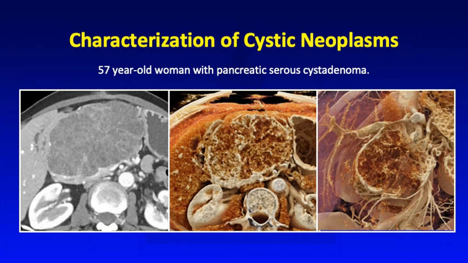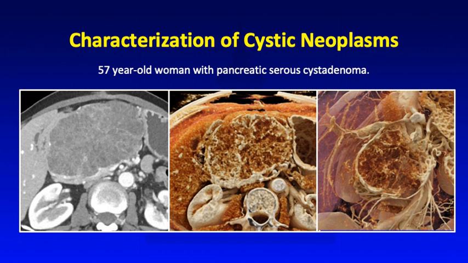And when we look at this example of a pancreatic serous cystadenoma, we can see this large cystic mass within the pancreatic head with numerous internal septations and microcystic changes consistent with the pancreatic serous cystadenoma. But when we look at the cinematic rendered image, we can really appreciate that spongiform appearance of the pancreatic serous cystadenoma, which is classic for this type of tumor.